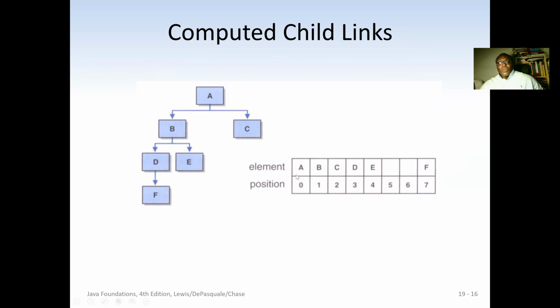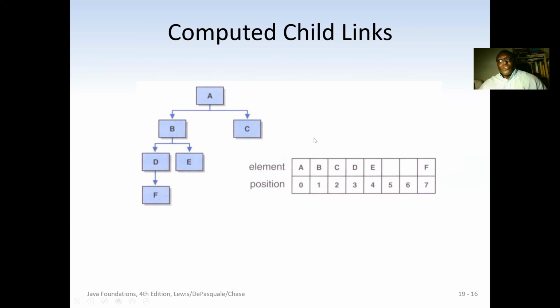Then we see that B goes to D and E. Then we see that D will go to F. But also E is the next one. The reason why we leave 2 spaces here is because of C. Because C can have at most 2 children. It's not a leaf yet. Then we can continue with this.